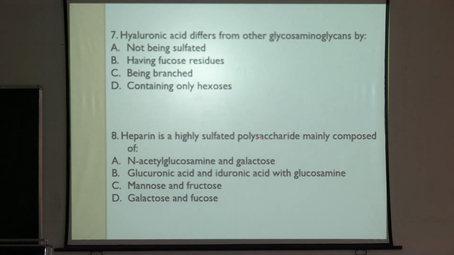Heparin is a highly sulfated polysaccharide mainly composed of what? Heparin contains both glucuronic and iduronic acid with glucosamine. Heparin and heparan sulfate contain both the acids, glucuronic and iduronic acid, with glucosamine.